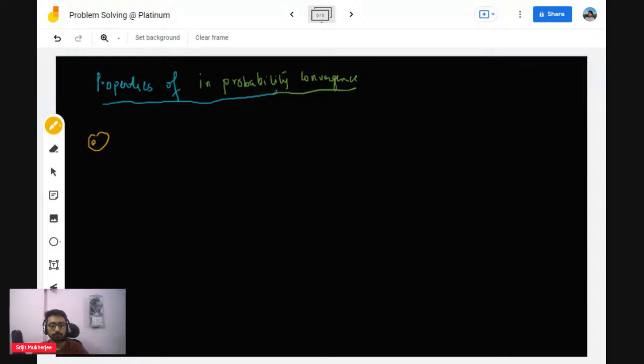I will be showing problems like this, okay? So now, let me just check out convergence in probability. One idea is that if a sequence converges to A, it implies that the sequence converges in probability to A. You can easily prove this, it's easy to understand. What else?